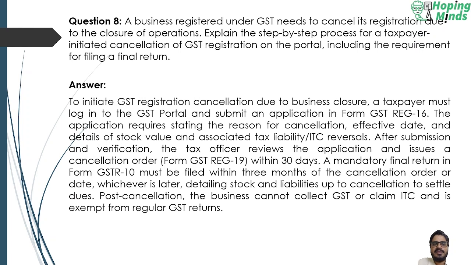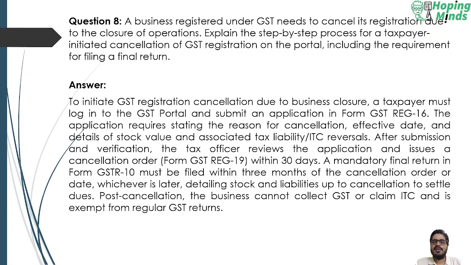Moving ahead, a business registered under GST needs to cancel its registration due to the closure of operations. Explain the step-by-step process for a taxpayer initiated cancellation of GST registration on the portal, including the requirement for filing a final return.